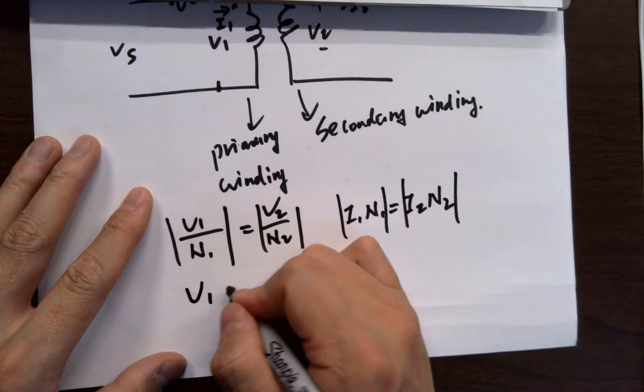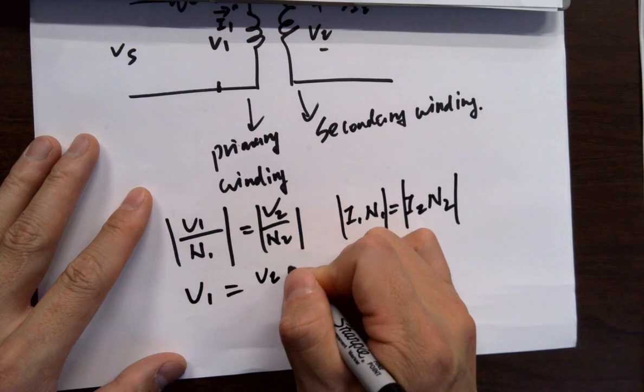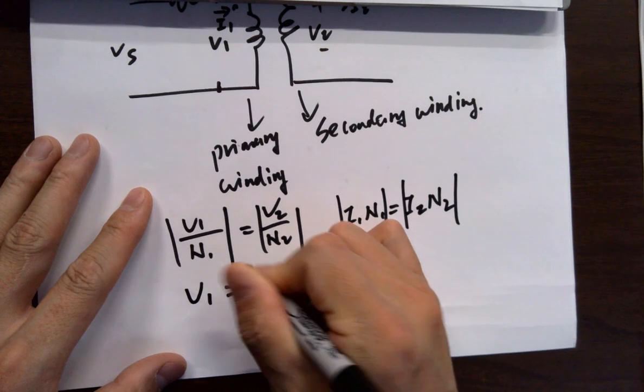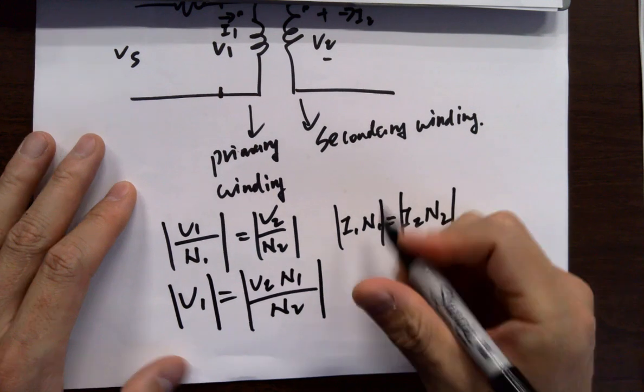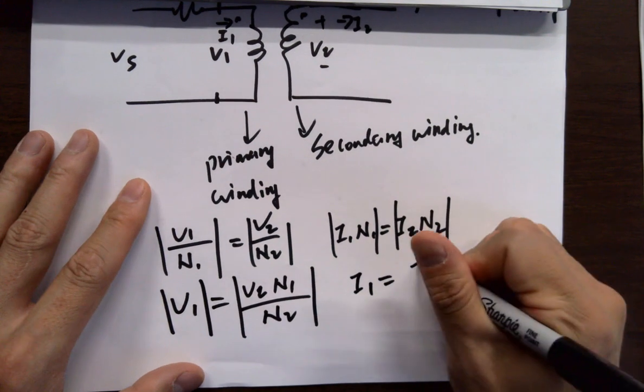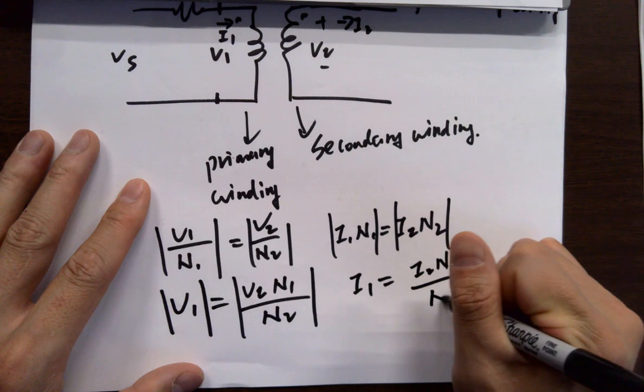So V1 equals V2 N1 over N2, and I1 equals I2 N2 over N1.